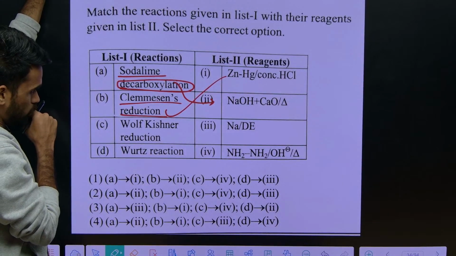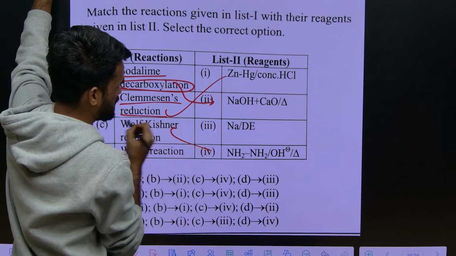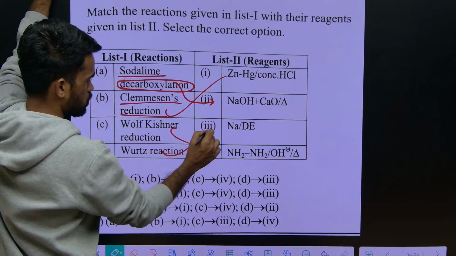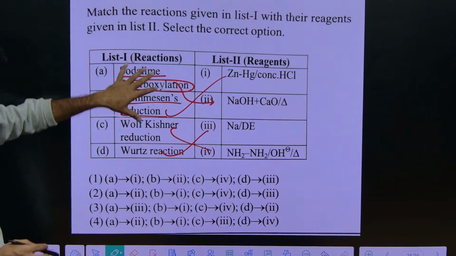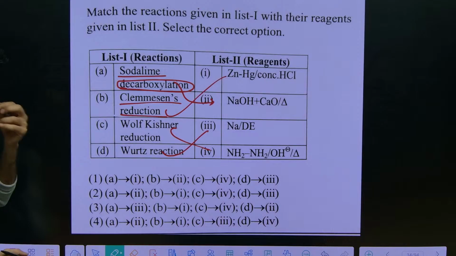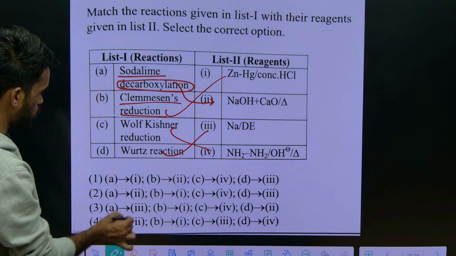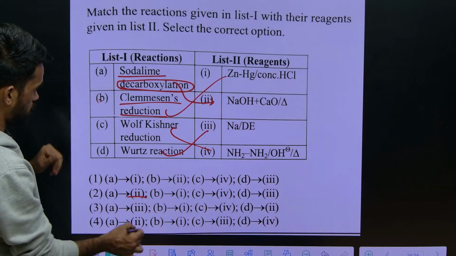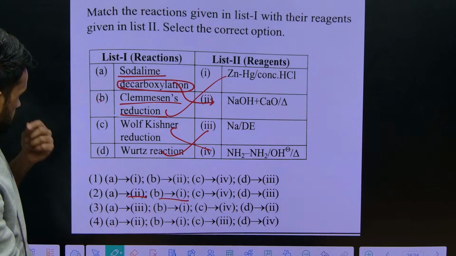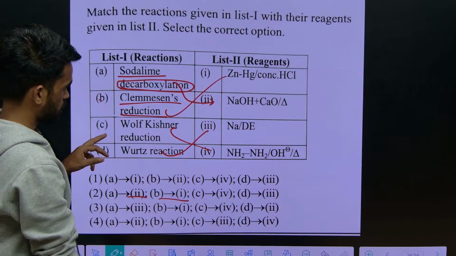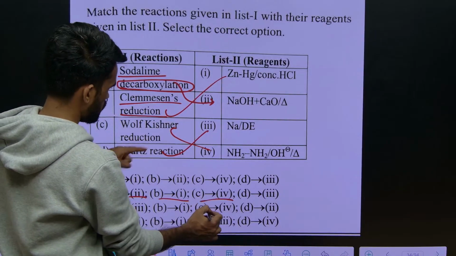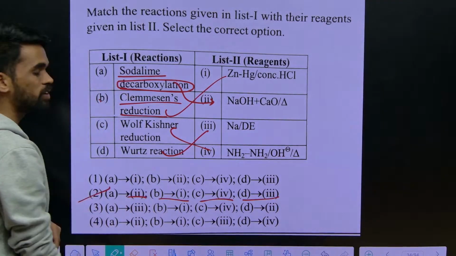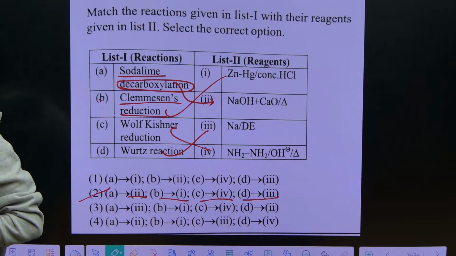Clemmensen reduction is over. Wolff-Kishner reduction, hydrazine in basic medium. Wurtz reaction, sodium in dry ether. That's it. This will be the correct matching: A2, B1, C4, D3. Option 2 will be your answer for the question. Okay. Right.